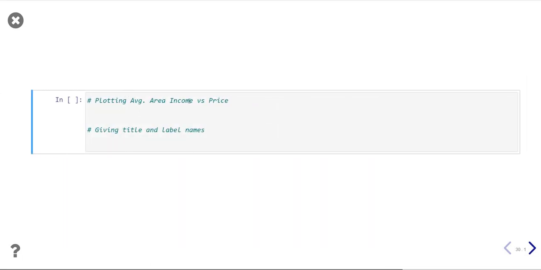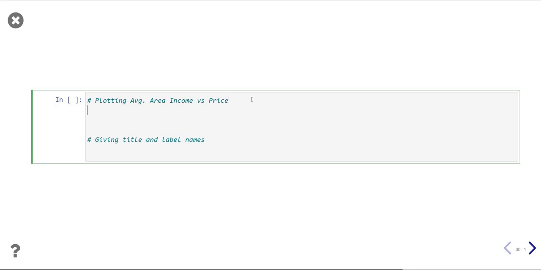So we are going to try to plot the average area income versus the price. So what is the function? The function that we're going to use is plt.plot, because this is what we have defined the matplotlib library as plt, right? We have imported that as plt, and we're going to use the function plot.